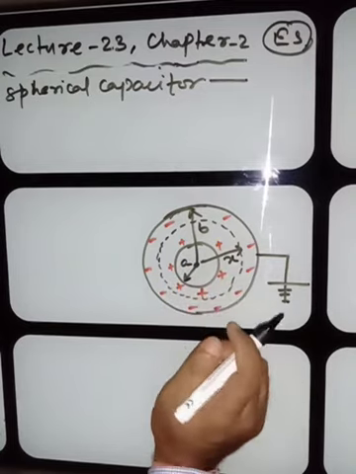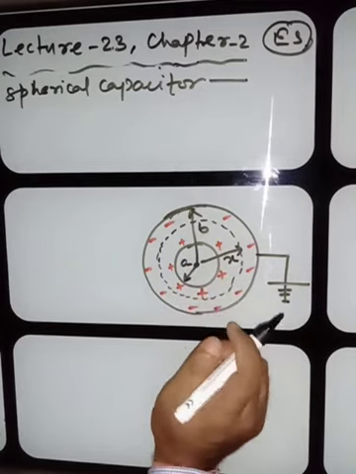Here dA is the elemental area of this Gaussian surface, and the total area will be 4 pi x square. So E times 4 pi x square equals Q by epsilon naught. So you can find the electric field as E equals Q by 4 pi epsilon naught x square. This is the first equation.